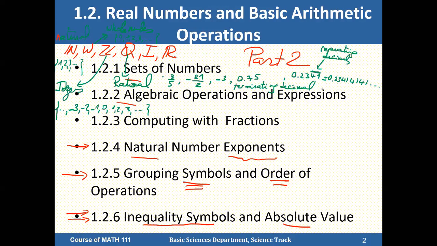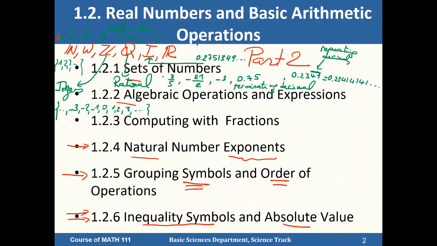Numbers which are not rational are called irrational. Irrational اللي هم decimal representation لا هي terminating ولا repeating. مثلا 2 7 5 1 3 4 9.